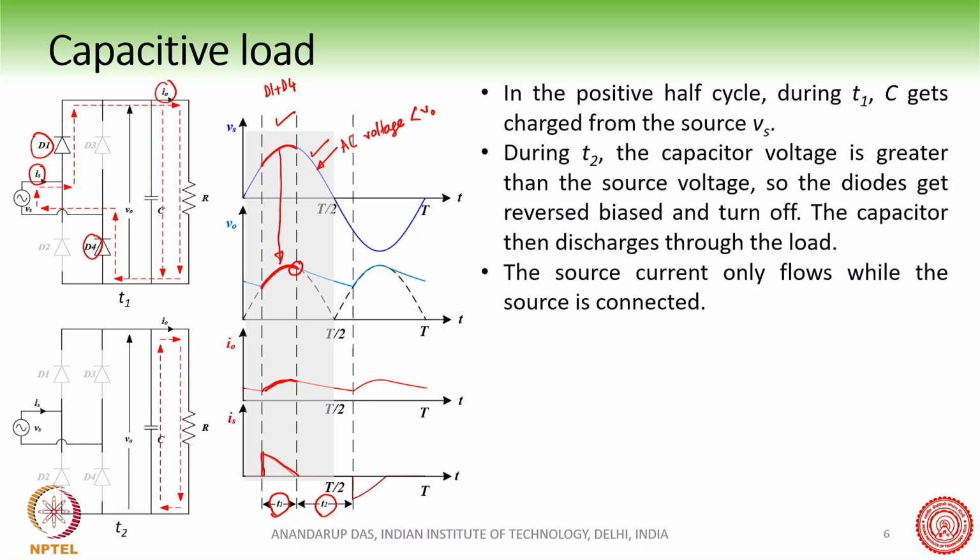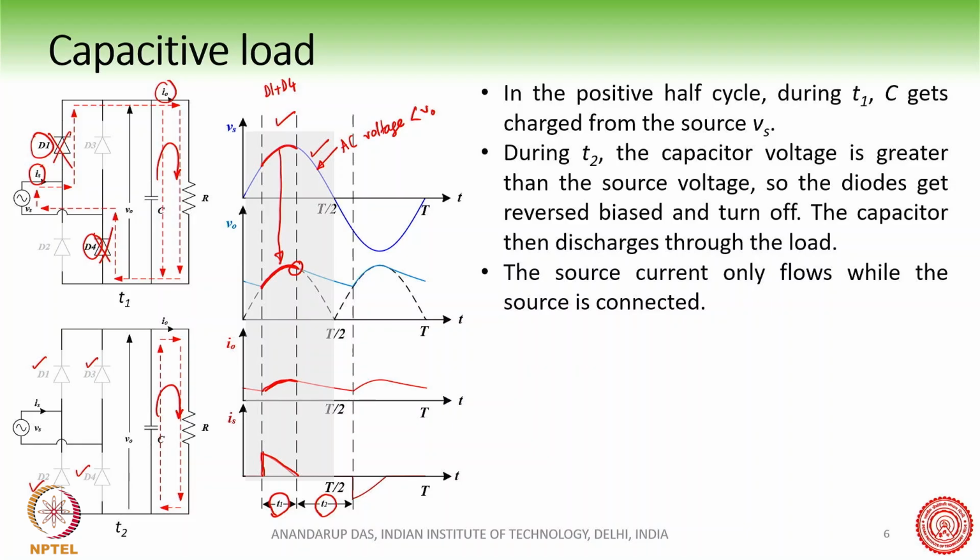When the AC voltage becomes less than V0, the diodes stop conducting, and the capacitor starts to discharge through the load. All four diodes have stopped conduction during this time.